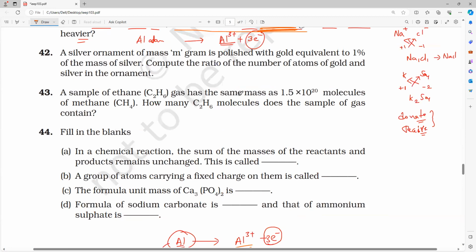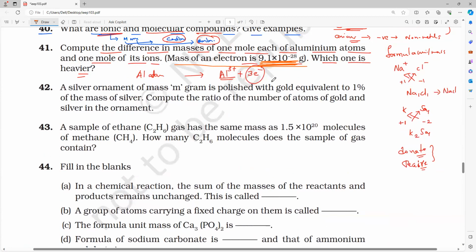So 1 aluminum will lose 3 electrons. Then 1 mole of aluminum will lose 3 into Avogadro number. Because we all know, 1 mole of any substance, how many particles? 1 mole of any substance is equal to Avogadro number.